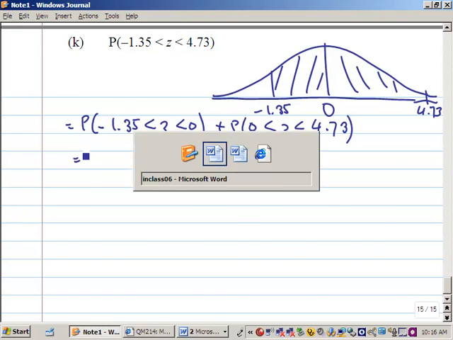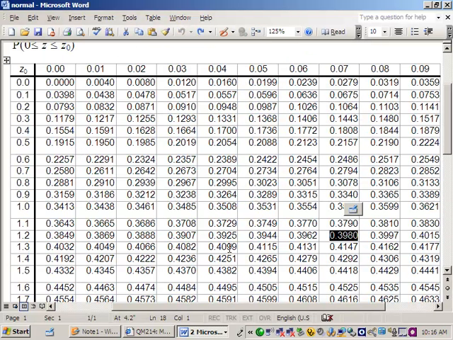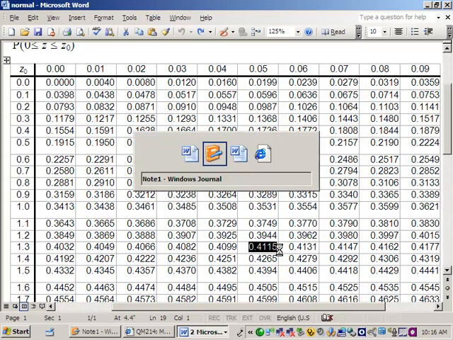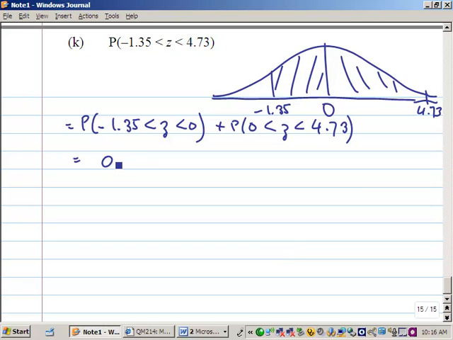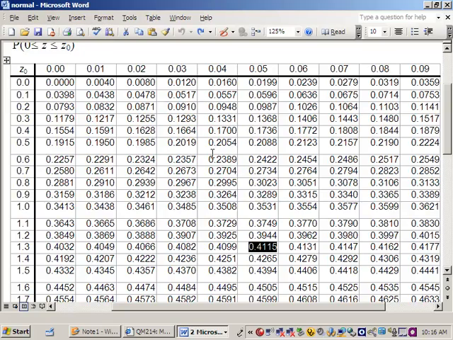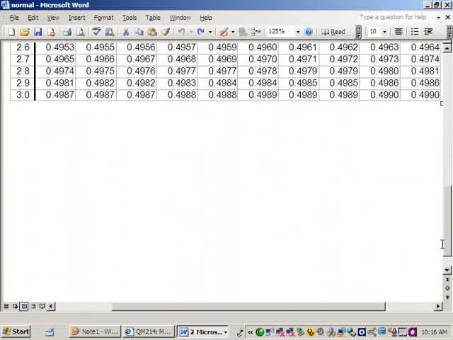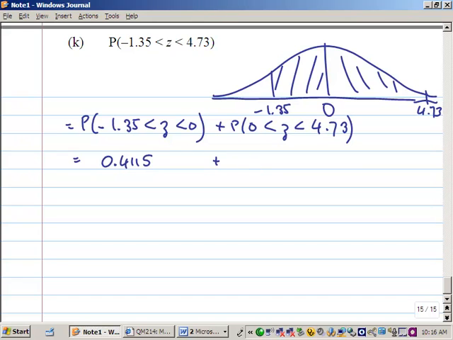Negative 1.35, or 1.35, looks like that number, 0.4115. And the area from 0 to 4.73: the tables don't go that high, so when you go beyond the table, the area is approximately a half. So this probability is approximately 0.4115 plus 0.5. Alright, and that's those.